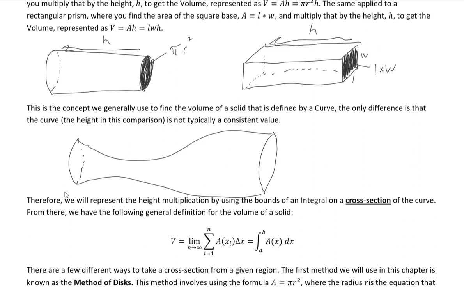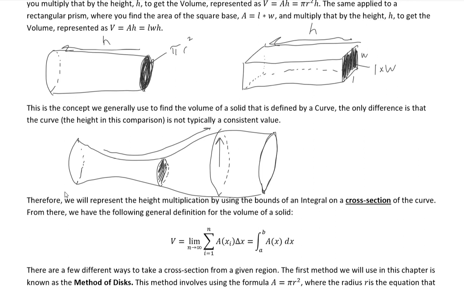When I make a cross section, whether at the end here or in the middle, this cross section is going to have various radii. It's not going to have the same radius. When it's here, it's pretty thin, but over here, it's pretty thick, and that radius is all being defined by the curve of this.